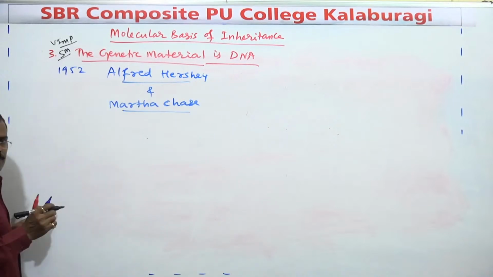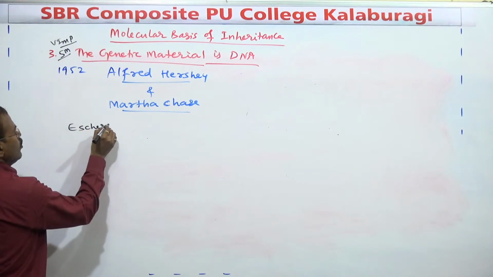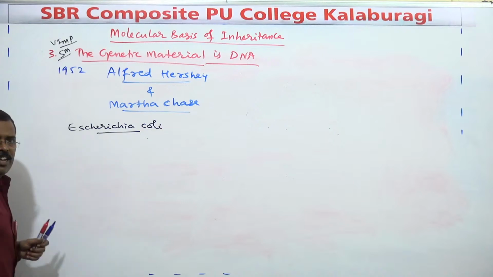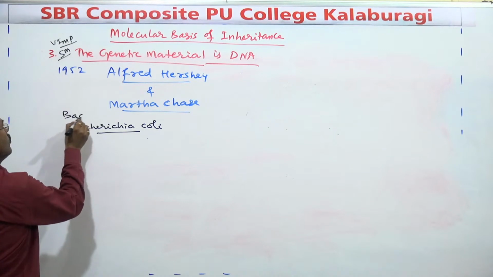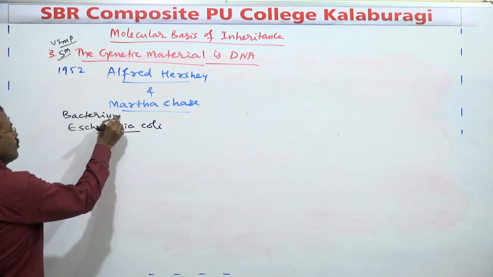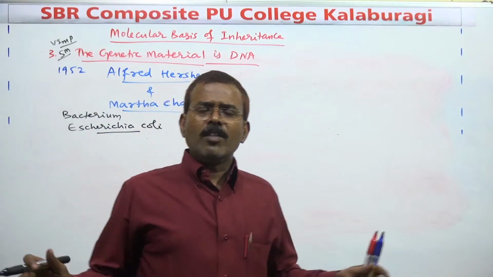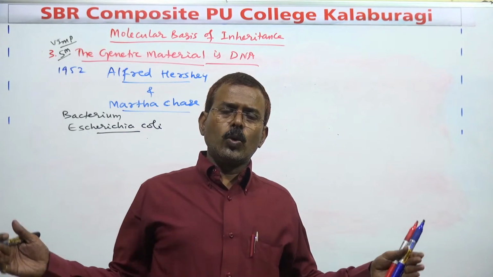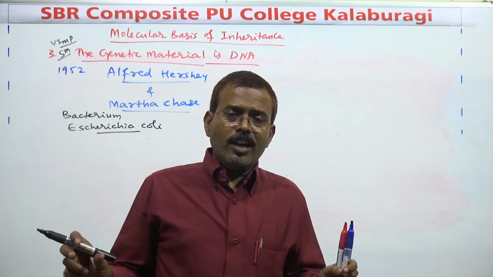One is the bacterium E. coli. This bacterium can multiply very rapidly, 1 to 2, 2 to 4. It completes one life cycle in just 20 minutes.